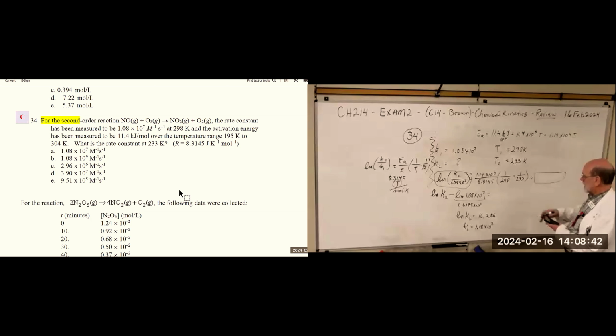I'm going to divide this again, 1.14 exponent 4, and divide by 8.3145. And then I'm going to take the reciprocal of 298 and the reciprocal of 233, subtract those, and then multiply that times that value. This is, I did it right, minus 1.2835.